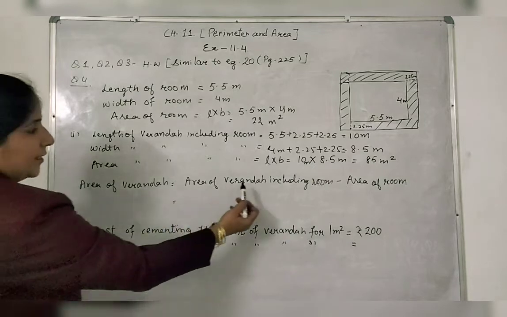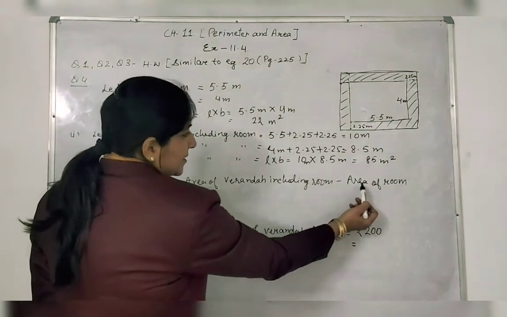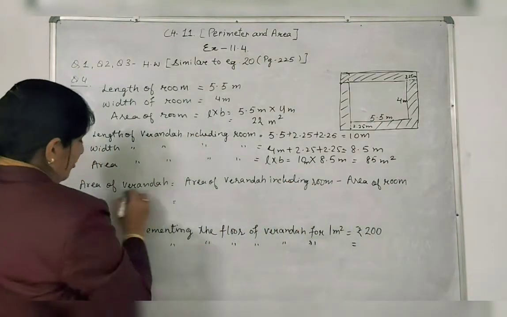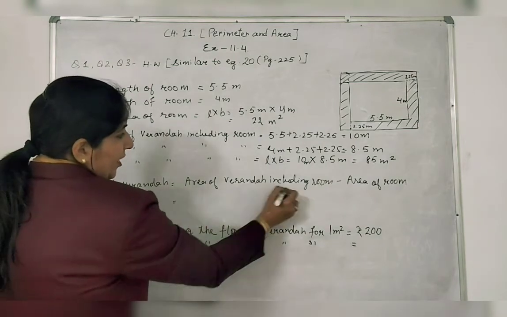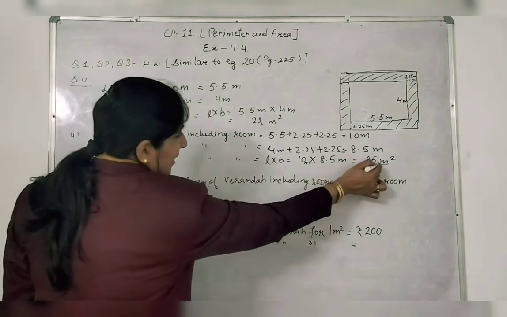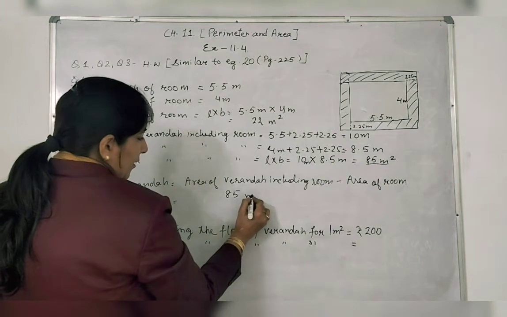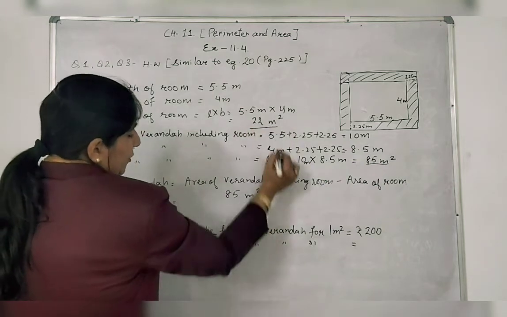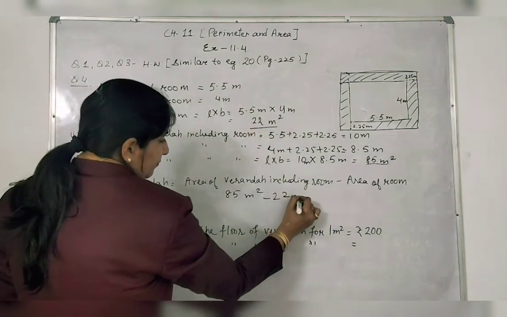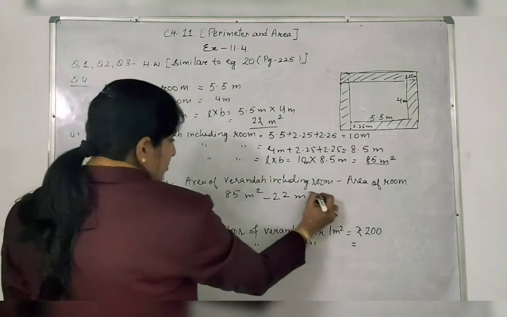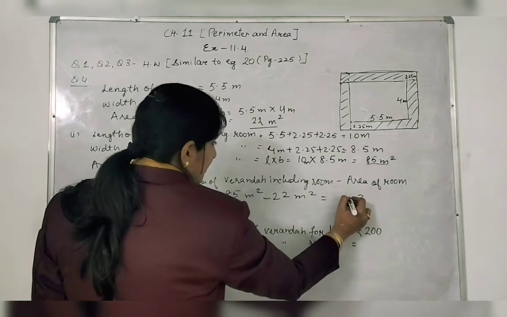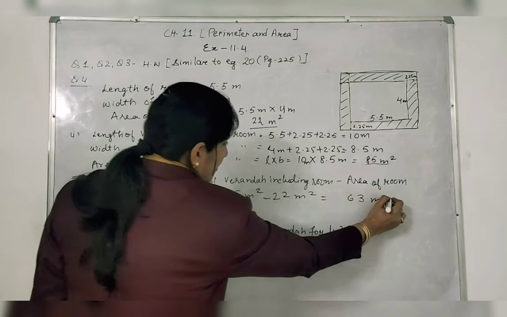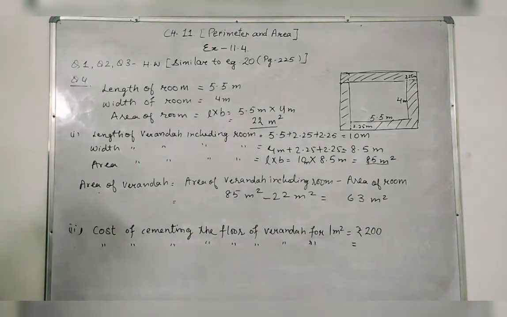Area of veranda including room minus area of room. So the area of veranda including room is 85 meters square, and we subtract this 22 meters square from this. After solving, the result is 63 meter square, the area of the shaded portion, the area of this veranda.